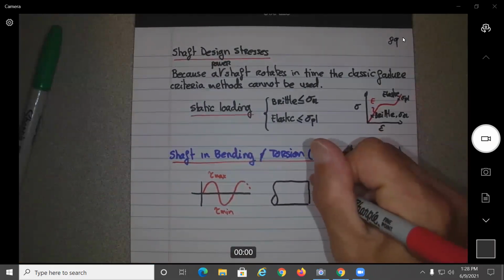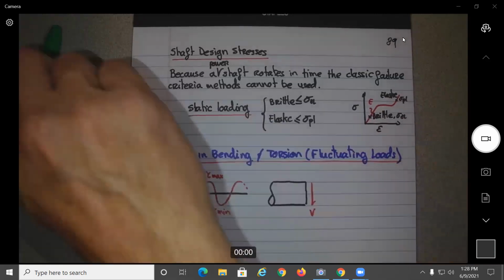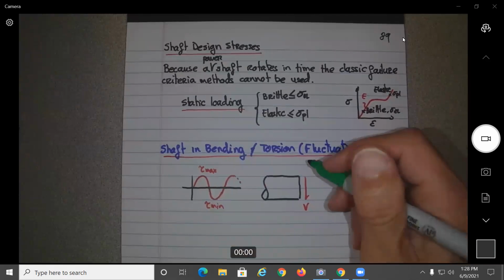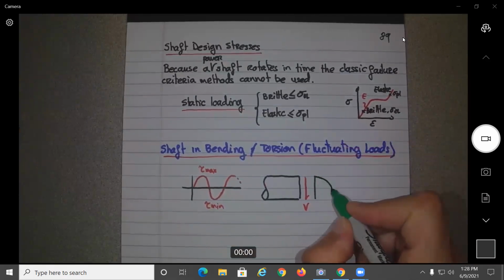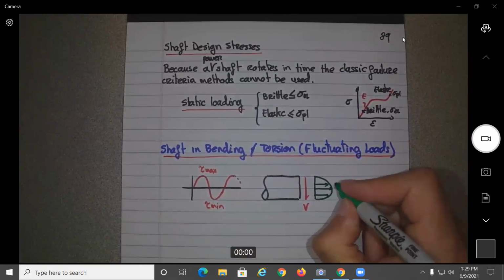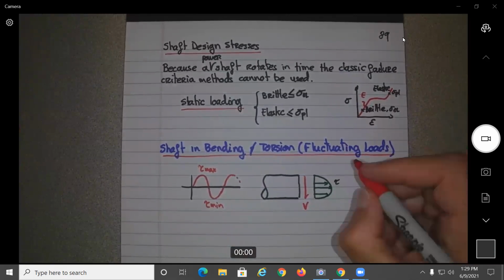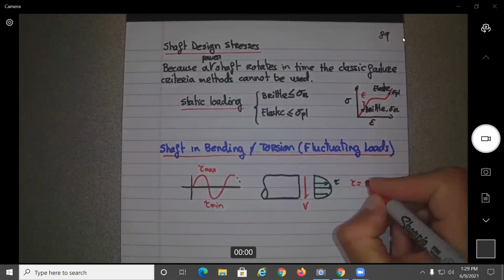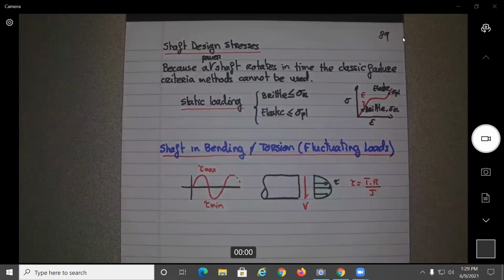Even though you calculate the shear to be constant, because the load would be fluctuating, you're going to have to consider a maximum and minimum value. Okay, well, tau over here would be equal to TR over J.